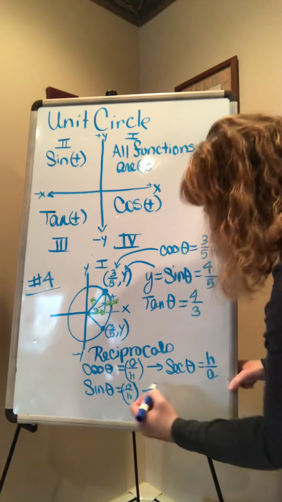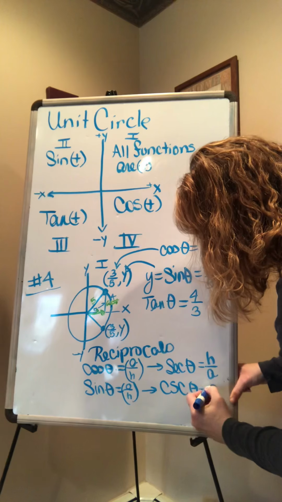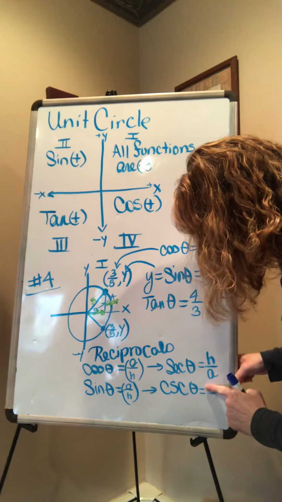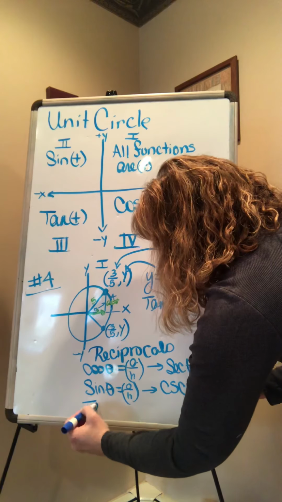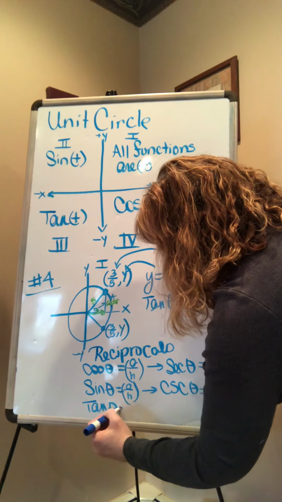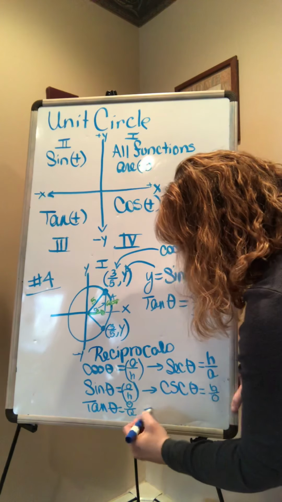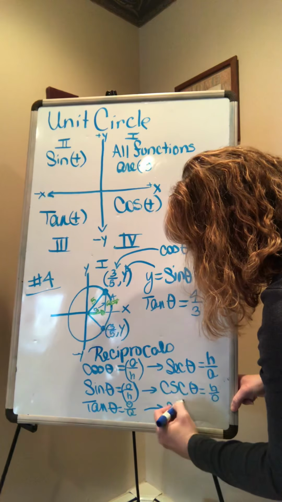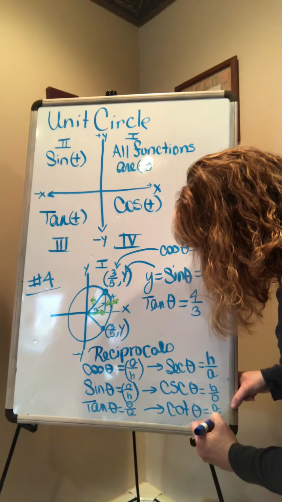The flip of sine is cosecant, and that would be hypotenuse over opposite, we're flipping it. And then tangent of theta is opposite over adjacent, and the flip would be cotangent of theta, and that would be adjacent over opposite.